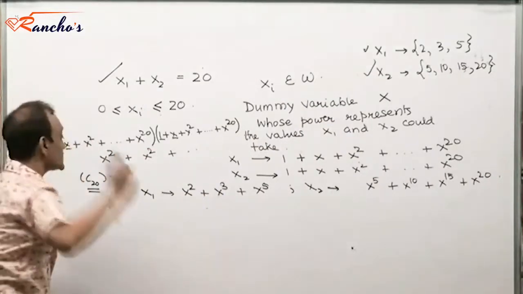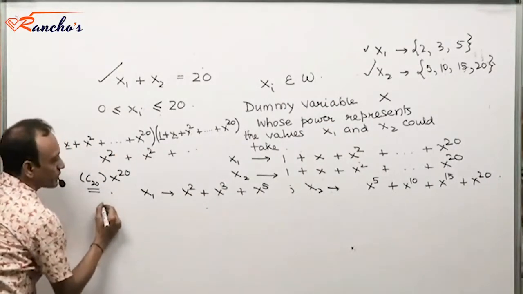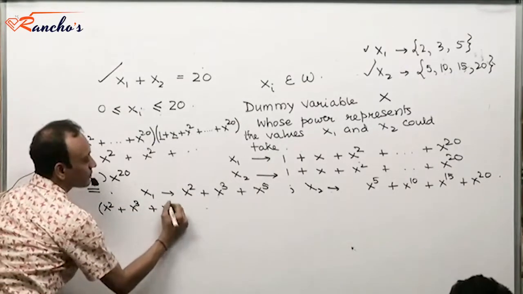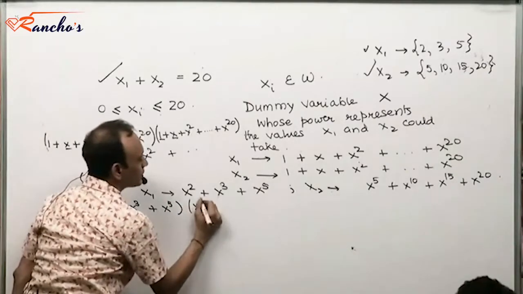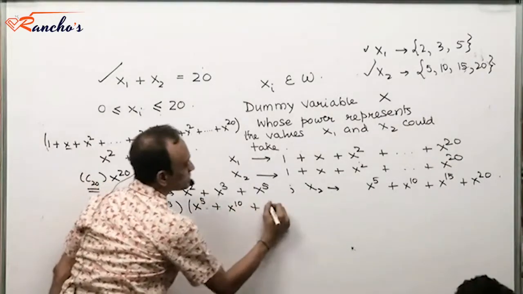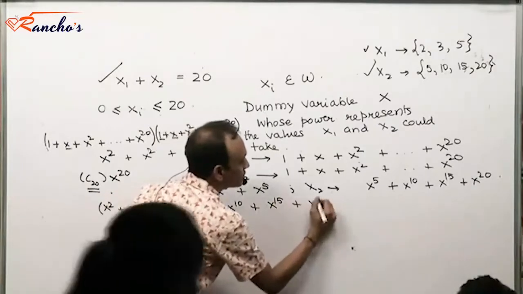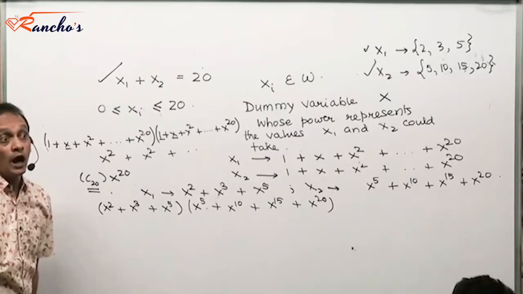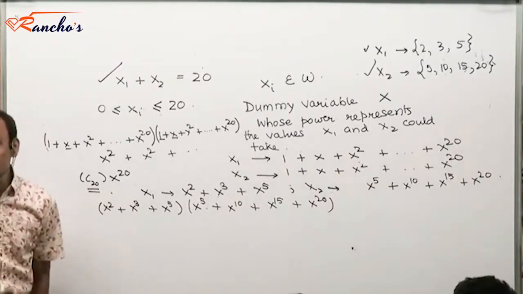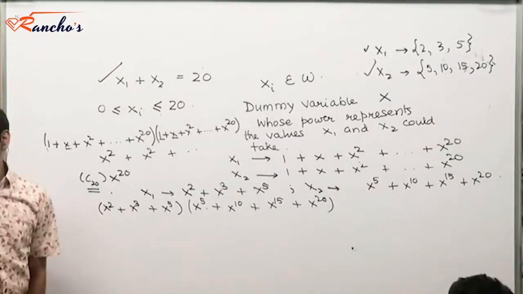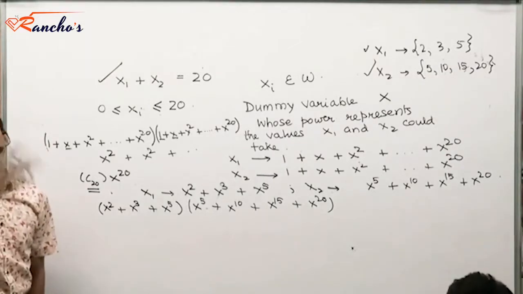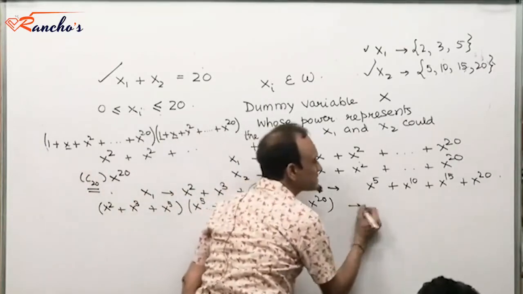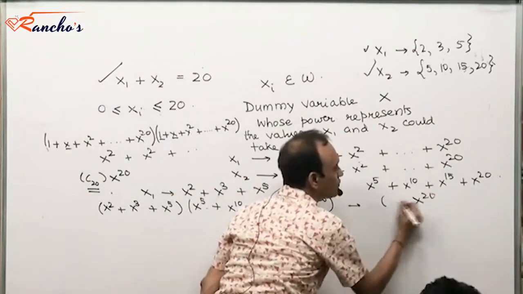Right? So which means now I look at (x squared plus x cubed plus x power 5) into (x power 5 plus x power 10 plus x power 15 plus x power 20). Now what am I interested in? I am interested in only those terms that feature x power 20, because in those terms the powers of x1 and x2 have added up to 20, right? So what I am interested in is x power 20 and its coefficient.